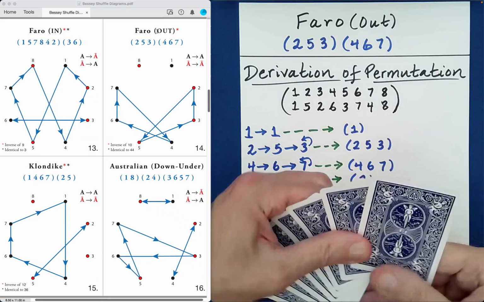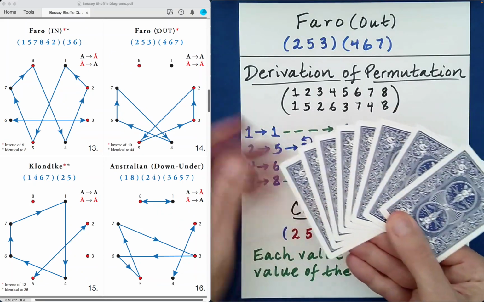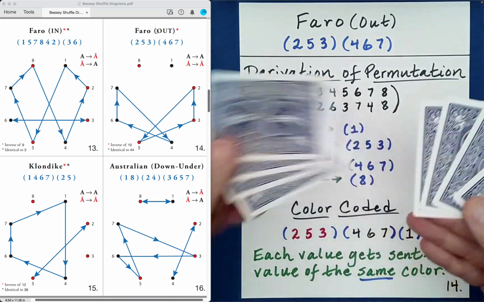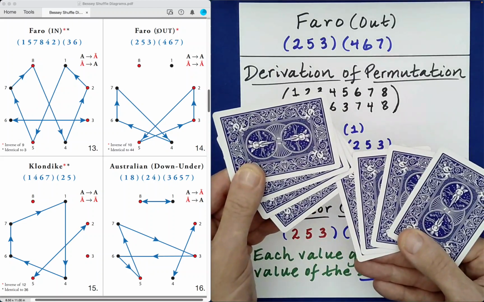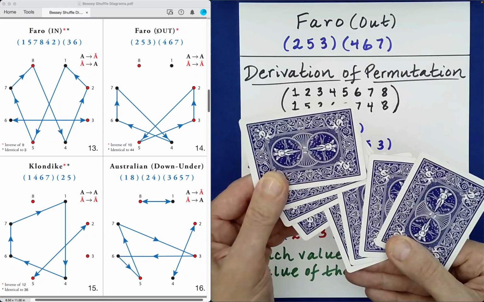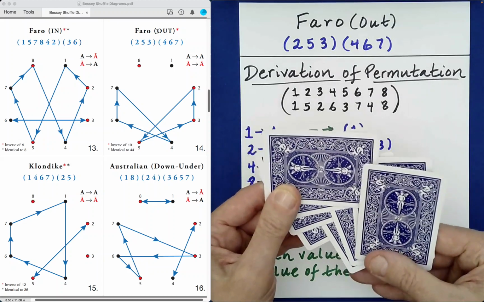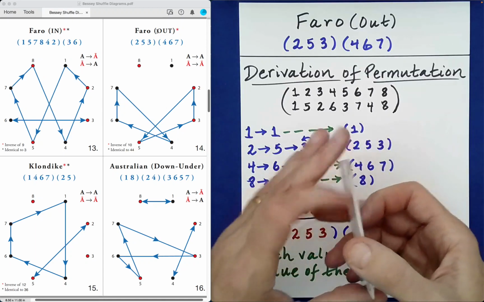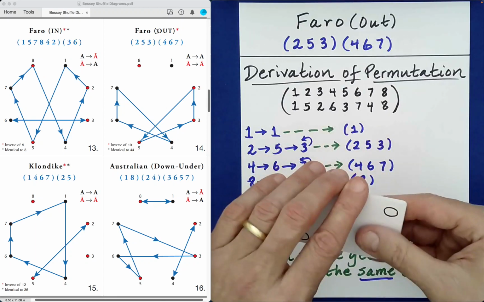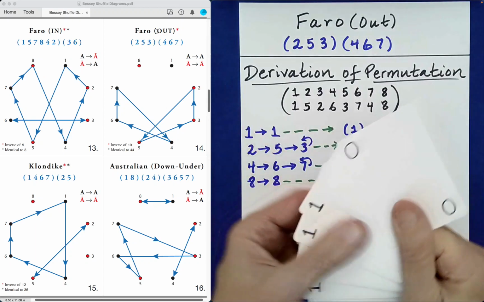So here we're performing a Pharaoh out again. So we're going to take the bottom half. So we interlace them perfectly in such a way that the top card on the left goes underneath the top card on the right. So that is a Pharaoh in. And what will happen is it will preserve that form.